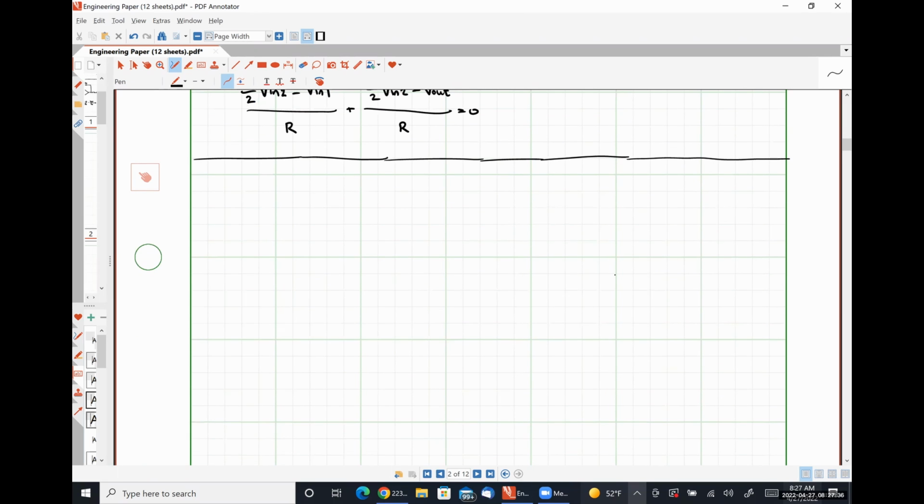So our first circuit that we're going to look at is this guy. We are going to ground our non-inverting input. We're going to apply a resistor R as our feedback.